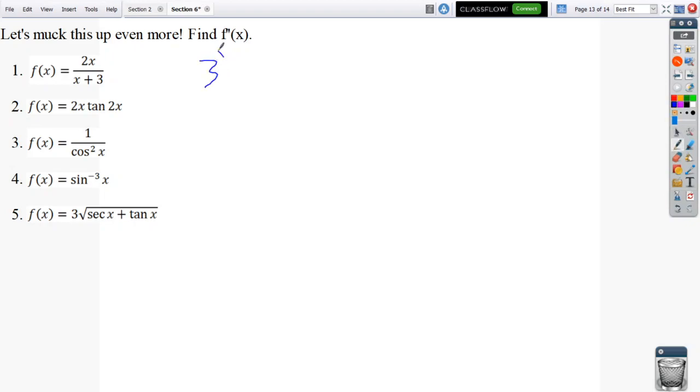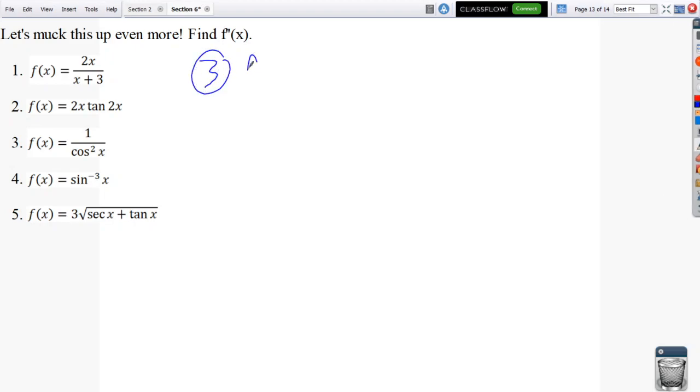On number 3, I've got f of x equal to 1 over cosine squared of x. I'm going to rewrite that as cosine of x to the negative second, recognizing that the square just means I'm taking cosine and multiplying it by itself, and the square being in the denominator means I have a power of negative 2 here.